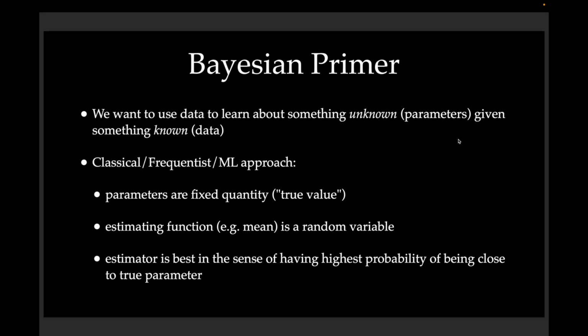And then we come up with an estimating function, say the mean or so, and that is a random variable. The law of large numbers tells me that it converges to the true value, and a central limit theorem most of the times provides me with uncertainty of this estimating function. Now, the estimator is best in the sense of having the highest probability of being close to the true parameter.